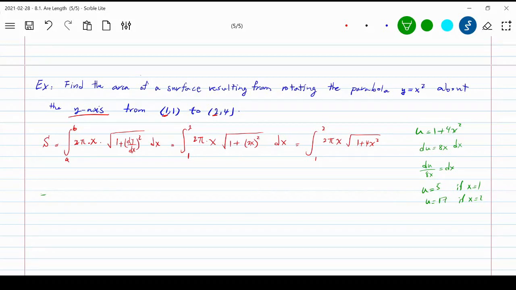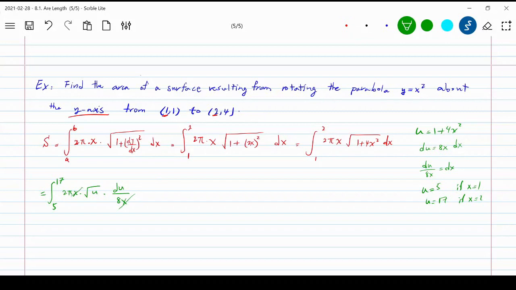So I can say this surface area is the same as the integral from 5 to 17, 2 pi x times square root of u multiplied by, instead of dx, we have du divided by 8x.